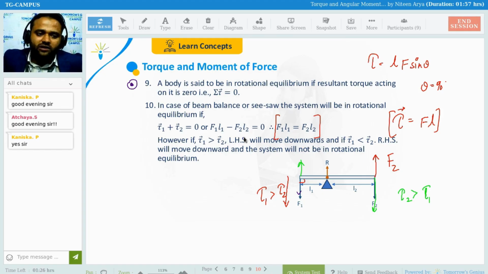So it is not going to be in rotational equilibrium unless the torque on both sides is equal. As simple as that. And this condition is fulfilled when F1 L1 equals F2 L2. So that is also an important aspect. Is this clear?